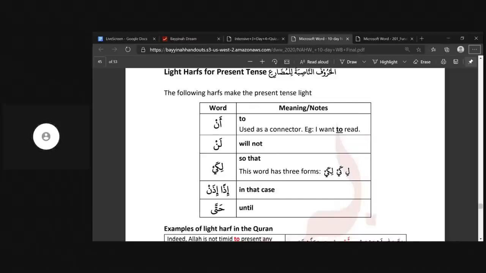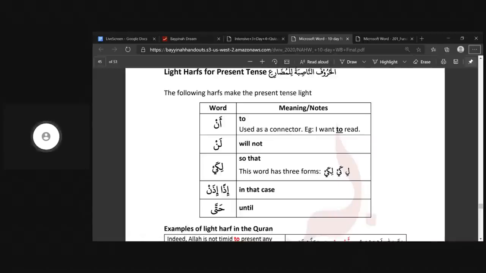So for the ones that end in u, which is, for example, yansuru, tansuru, ansuru, and nansuru, for these four, the u becomes an a. So it will become yansura, tansura, ansura, and nansura. We can do another example. Yuslimu, tuslimu, uslimu, and nuslimu becomes yuslima, tuslima, uslima, nuslima. So that u becomes an a.